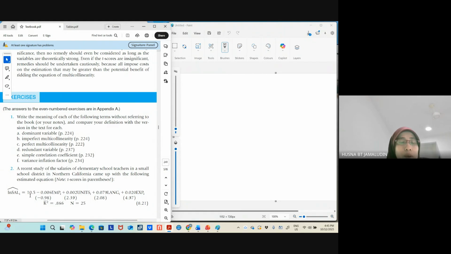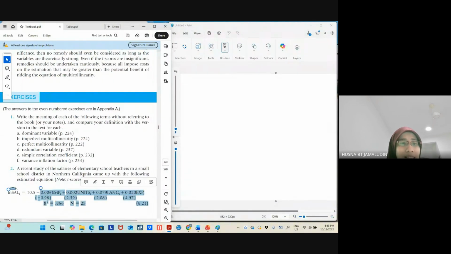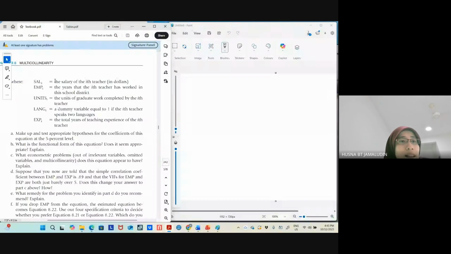Remember when you get the equation, check the expected sign and check whether the variables are relevant or not. I don't know what this variable is, so let's read the definition. Salary of the teacher. EMP is the years that the teacher has worked in the school.